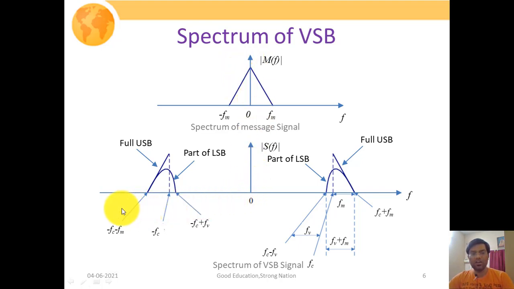And the lower figure is basically showing the spectrum of vestigial sideband signal, in which we are transmitting the complete upper sideband and some portion of the lower sideband. So in this particular figure, this portion is showing your USB, and this is the negative frequency part of your upper sideband.